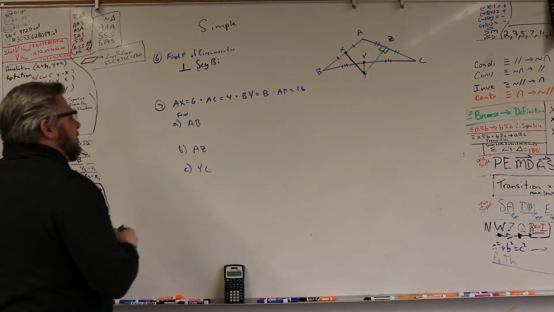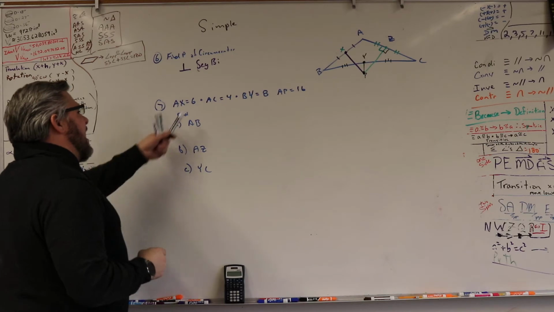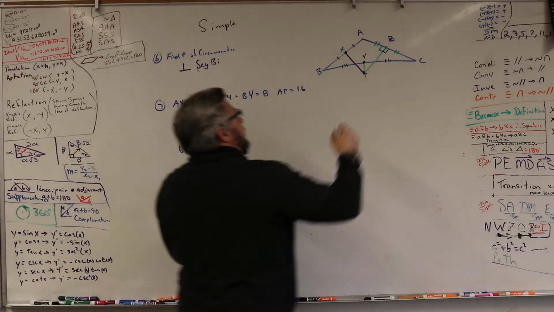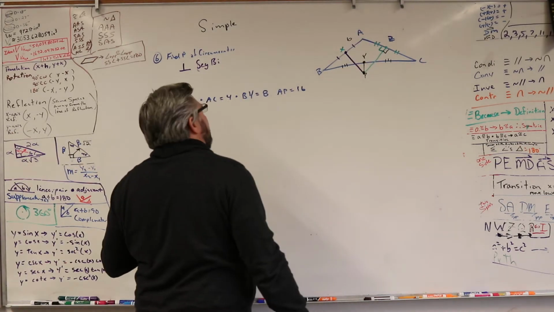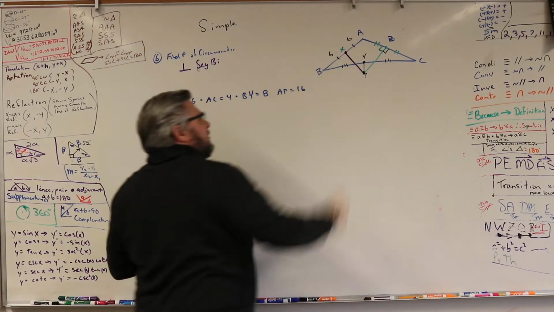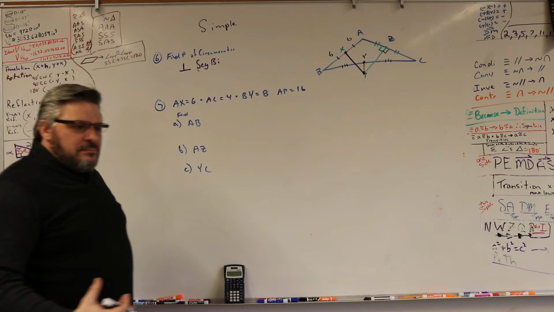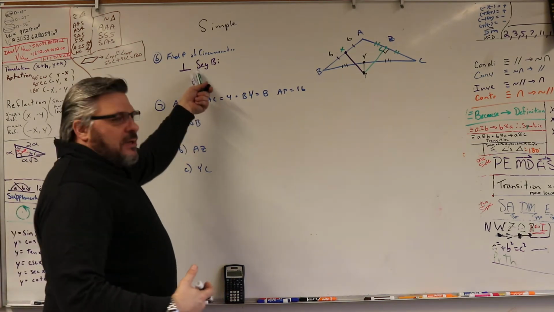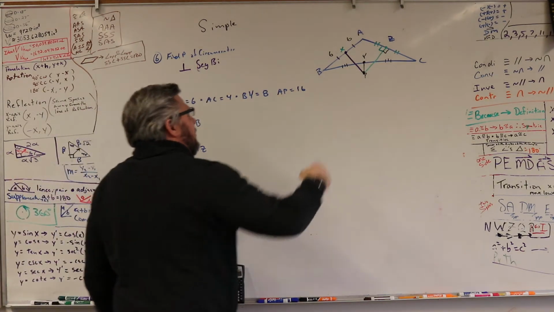With that said, if I have AX, this is 6. That means BX is 6, right? Definition of a segment bisector.